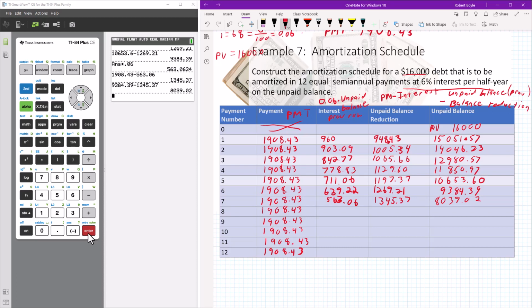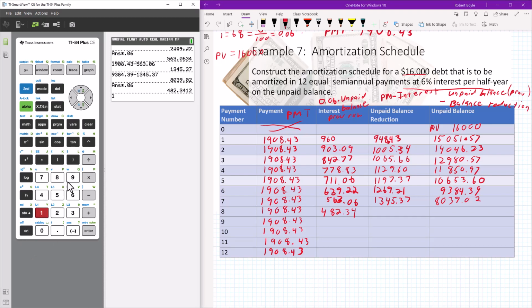Okay, what is our next? How much of our next payment is going to go to interest? Well, that's going to be the previous principal times 0.06. That gives us $482.34. The rest of the payment will go to the principal, or to paying off the balance.